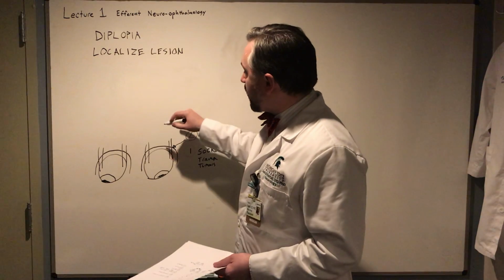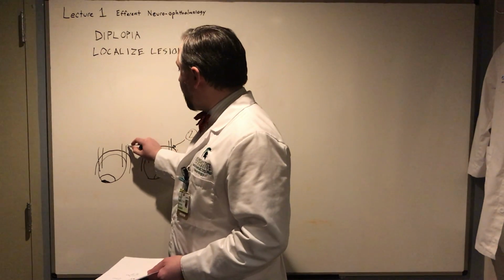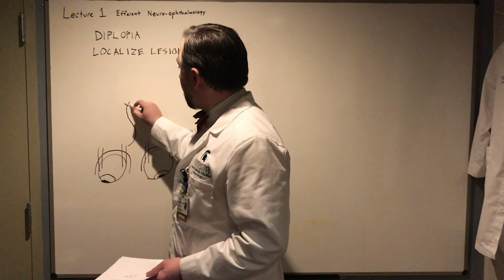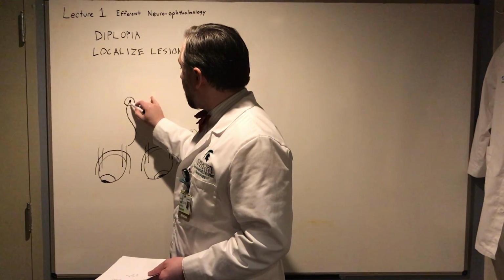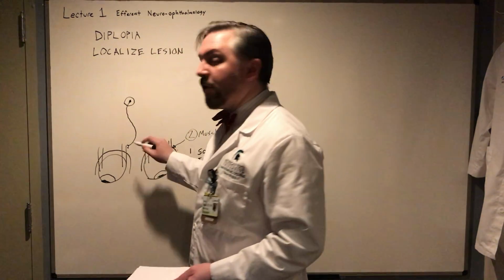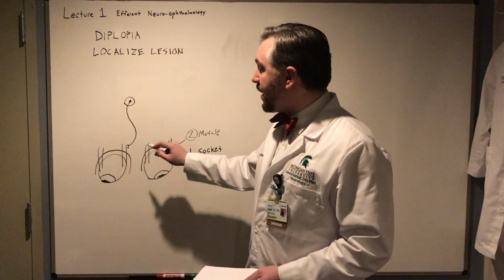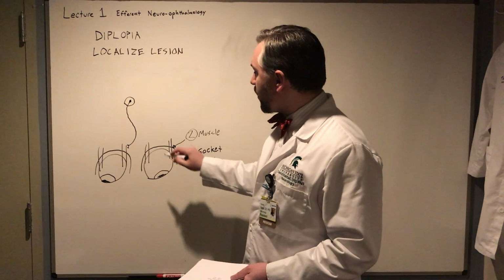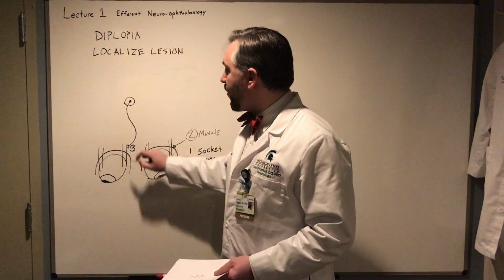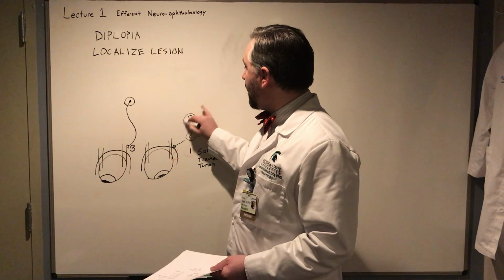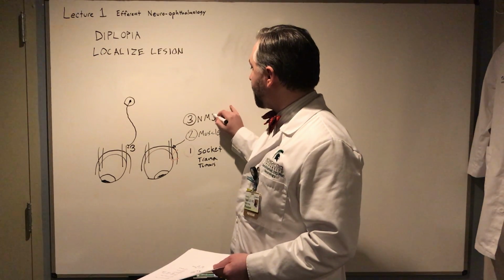Three, each of those muscles is going to be innervated by a nerve. And for that nerve to communicate to the muscle, it's going to release neurotransmitters. So three, there could be a problem with those neurotransmitters at the neuromuscular junction.